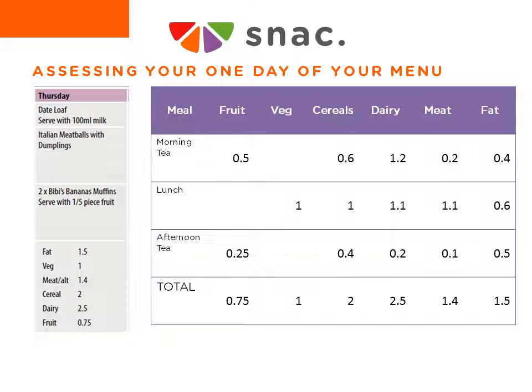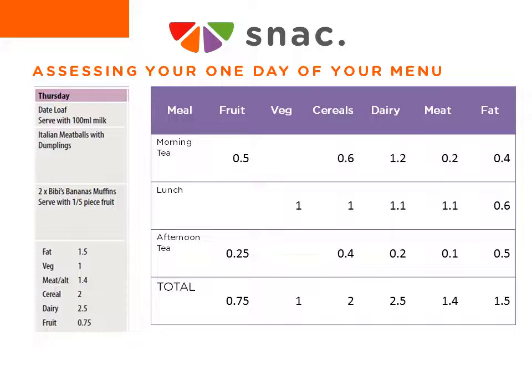With the dairy, they had milk as a drink. There's also milk in both the date loaf and the banana muffins, and there is cheese in the Italian meatballs as well. So they've actually achieved 2.5 servings of dairy on that particular day.